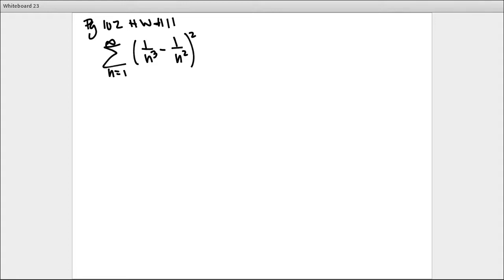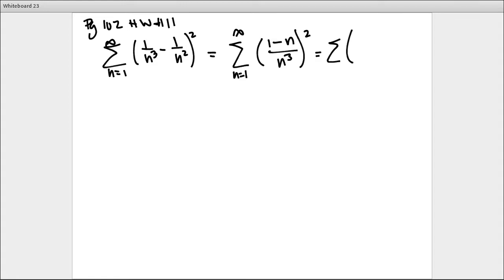What I would do on this guy is rewrite it as a single fraction. So you would have a 1 minus n over n cubed, just by getting a common denominator on that second one. And then that would be equivalent to 1 minus 2n plus n squared over n to the third to the second, so n to the sixth.